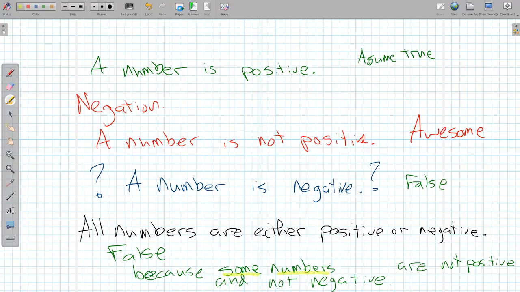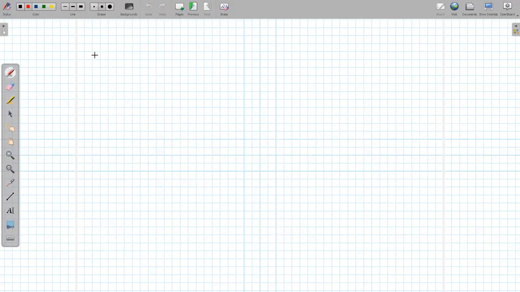So this is another important point in math. What does the word some mean? In math, it means one or more. Okay, so one can be some in math. So a statement that says something about all can be proven false if you find one example.